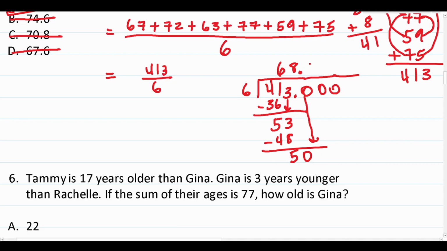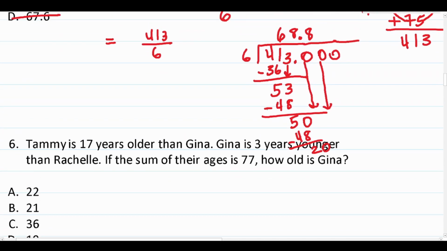As we just saw, that's going to be 8, given that 6 times 8 is 48. 50 minus 48 is 2. And we're going to bring down this 0 now. And the question becomes, how many times does 6 go into 20 without going over? That's got to be 3, given that 6 times 3 is 18. Subtract. And this is just going to be 0.3333 if you work it out.